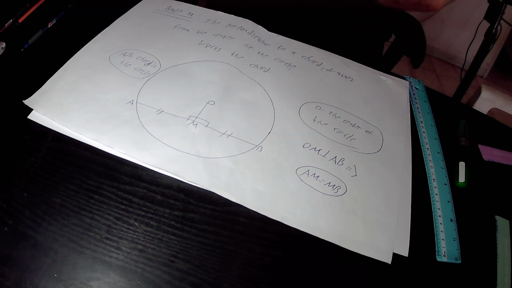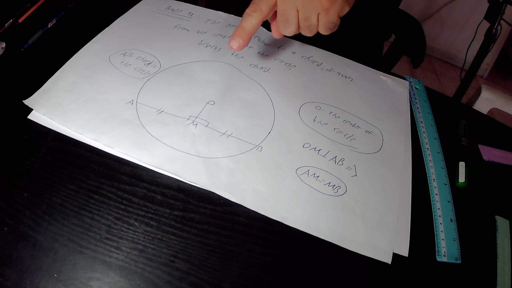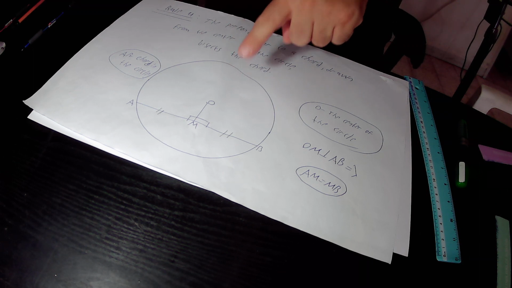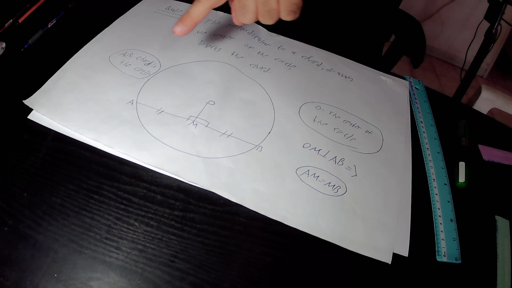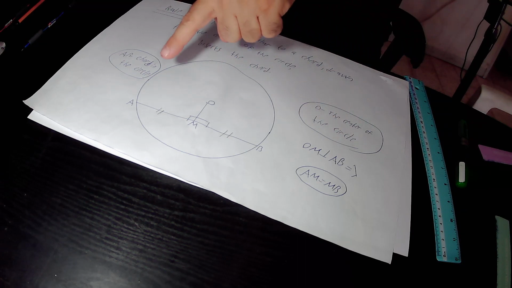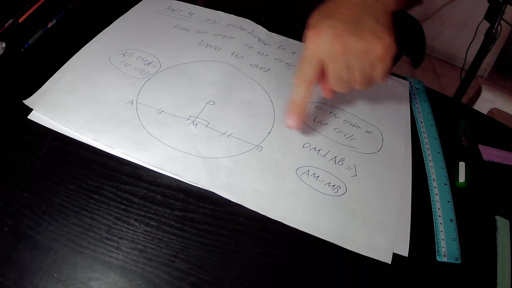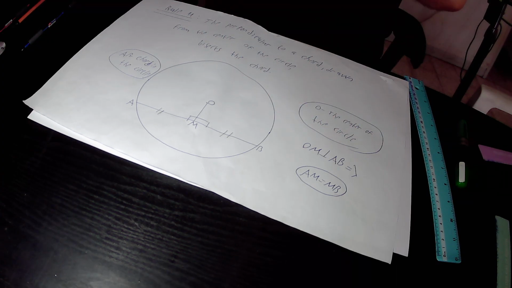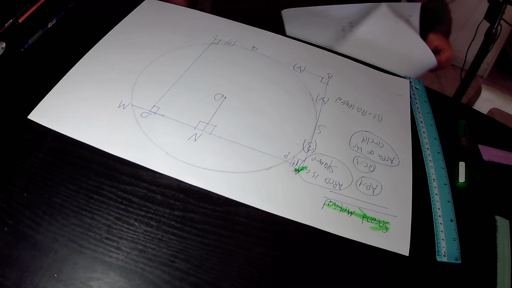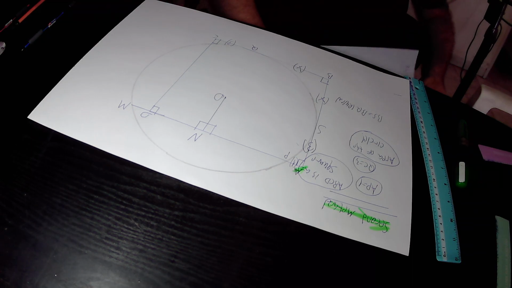Again, according to rule 11, the perpendicular OM that is drawn from the center of the circle, from point O, bisects chord AB. That is to say, AM equals MB. Okay, we can actually implement rule 11 in our drawing.